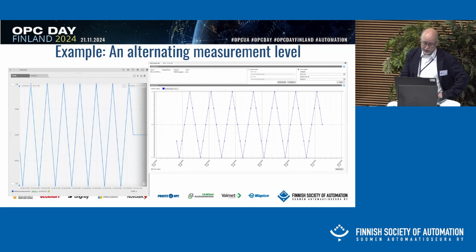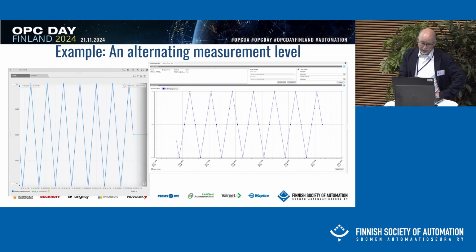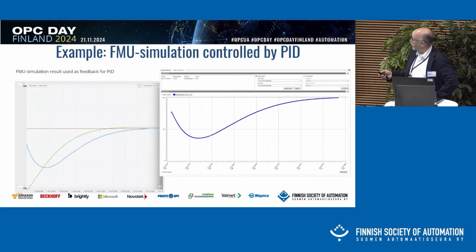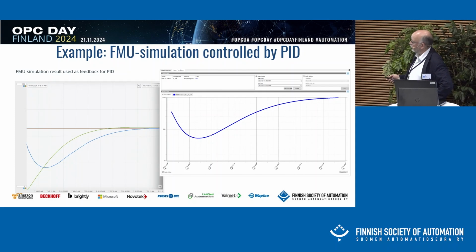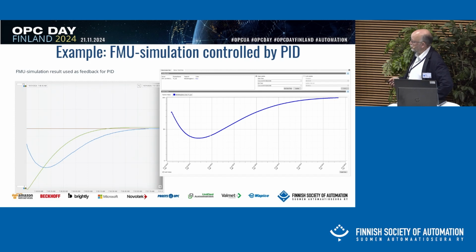Then you connected this with our PID, so you can see that the simulation is running, and when you change the set point, our controller runs the PID output and changes the values, and the model behaves quite nicely.